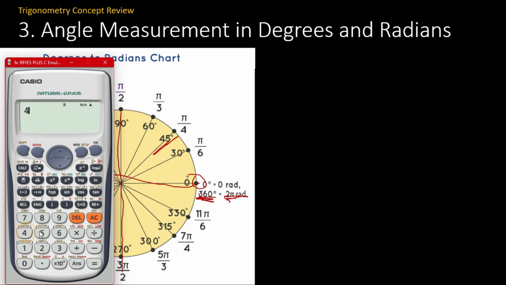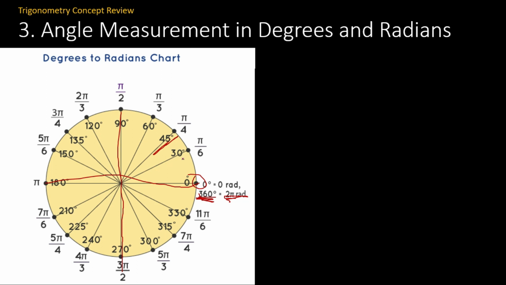The result here is 1/4 pi, that is pi over 4, corresponding to 45. You can do the same for 30, you can do the same for 60.